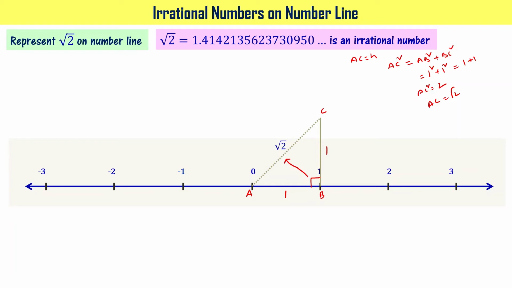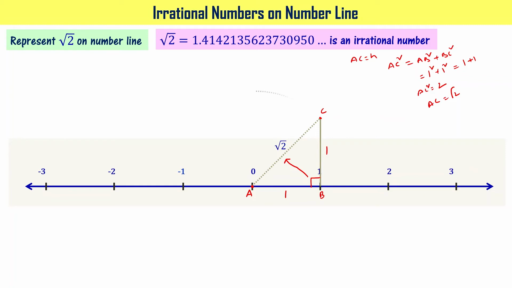Now we could get a measure of square root of 2, right? But that is not represented on the number line. Line AC is somewhat slanting with the number line, right? Now to mark root 2 on the number line, I'm going to draw a circle with center as A and radius as AC, right?